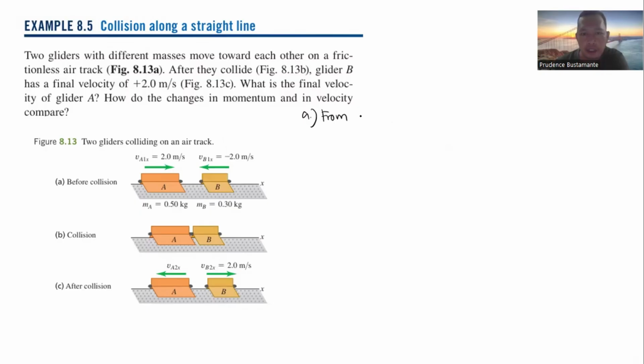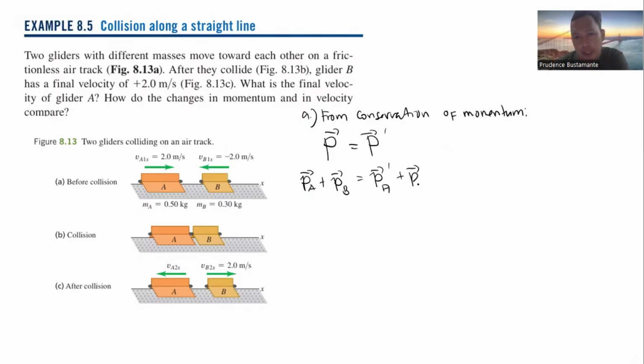Here the initial total momentum is equal to the final total momentum, meaning for gliders A and B, the momentum of A plus the momentum of B is equal to the momentum of A final plus the momentum of B final.